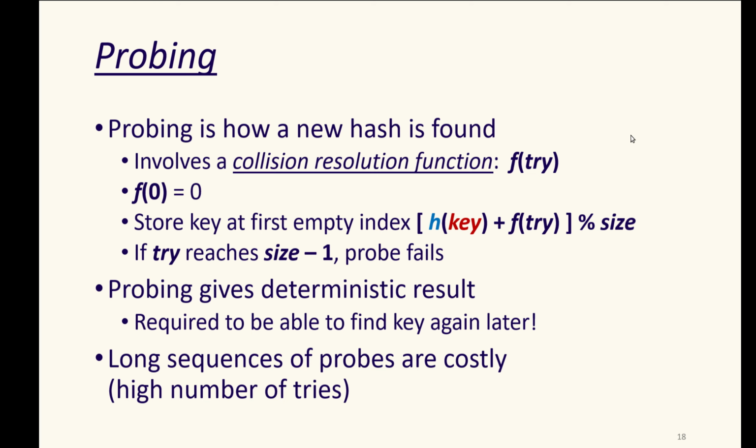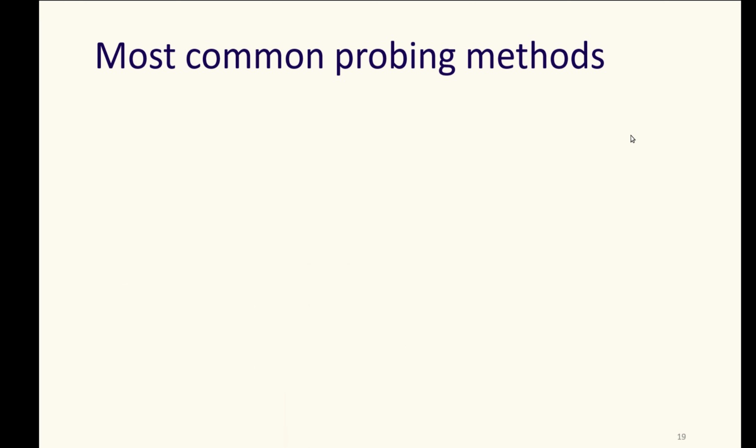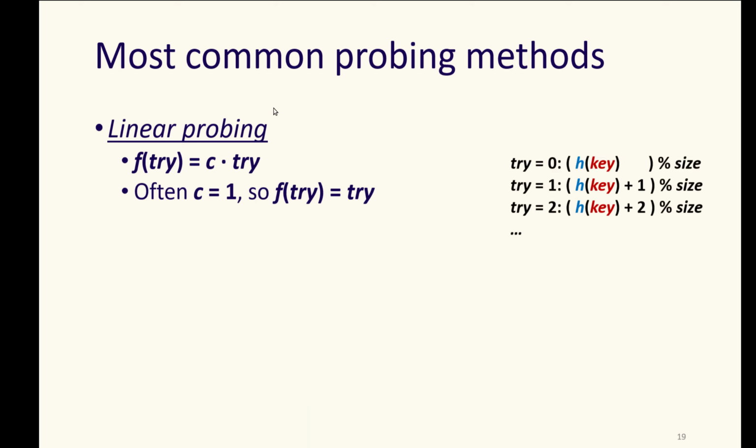Here are some of the most common probing methods. Linear probing, so that we do some multiple, C, times the amount that we're told to try. And it's often the case that we can set C equal to 1 so that we just get back the amount. We're just stepping one index to try the next thing.